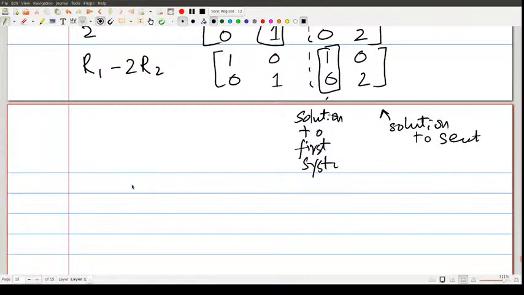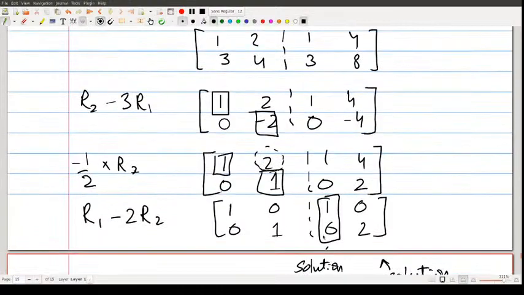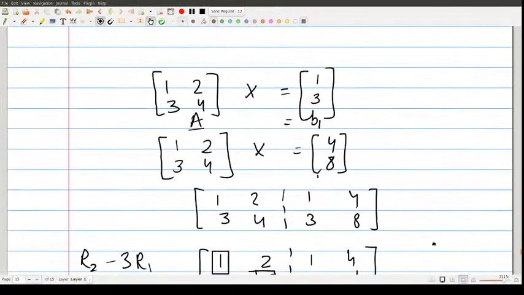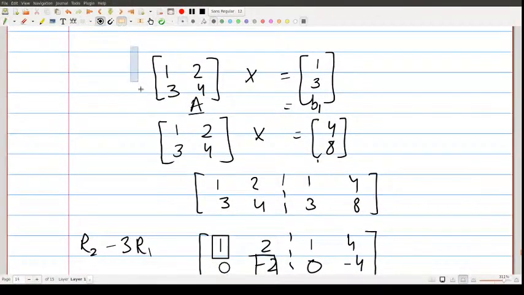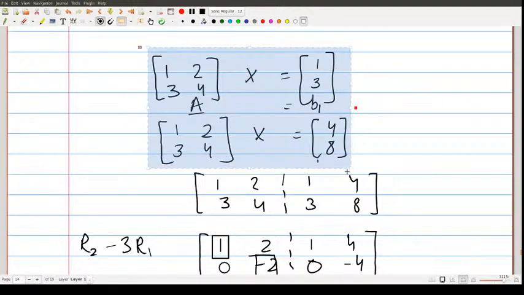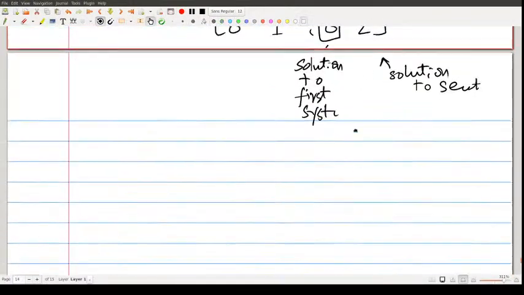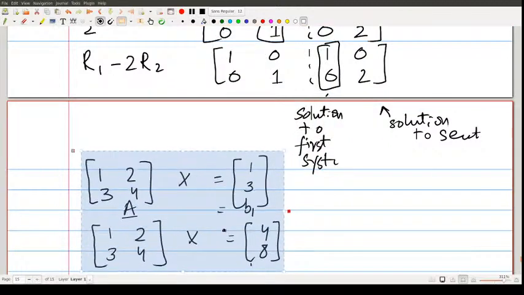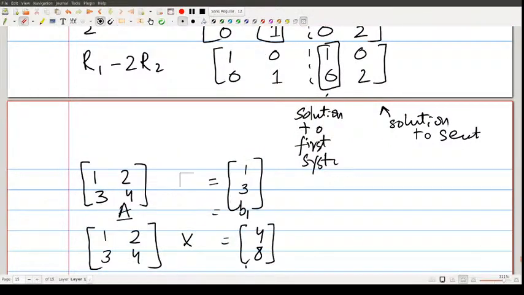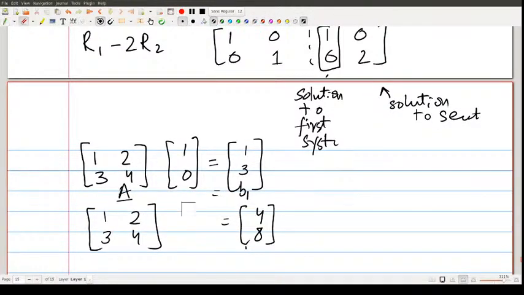So what I've gotten is that, let's copy this here, the answer to the first problem is basically 1 0, and the solution to the second problem is 0 2.